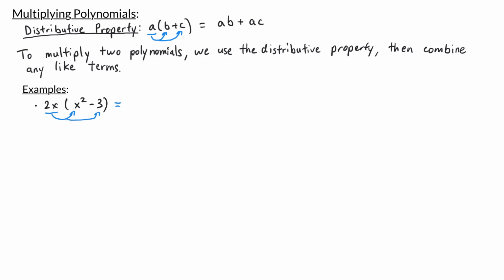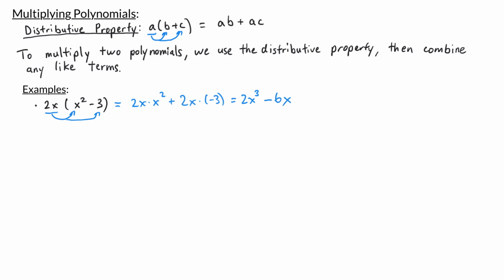So I have that this is equal to 2x times x squared plus 2x times negative 3. When I multiply 2x to x squared, I'm going to have 3 factors of x, so this becomes 2x cubed. When I multiply 2x to negative 3, multiplying the 2 and the negative 3 together gives me negative 6, and then I still have a factor of x.